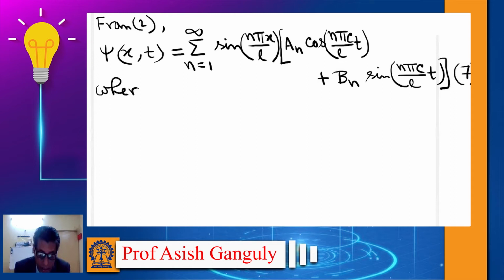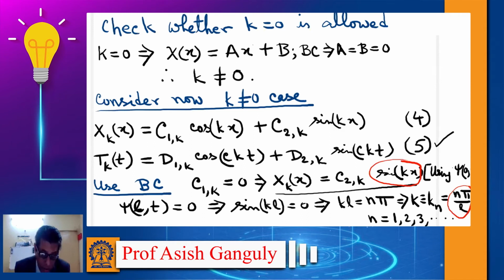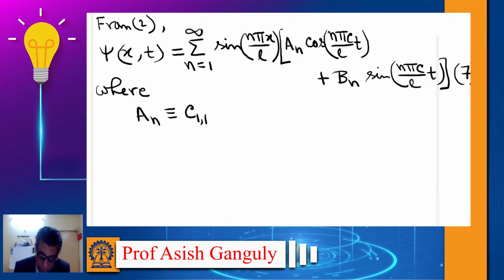Note that here An is actually the renamed previous arbitrary constant. What was that, C1k or C2k? C2k. C1k was 0.